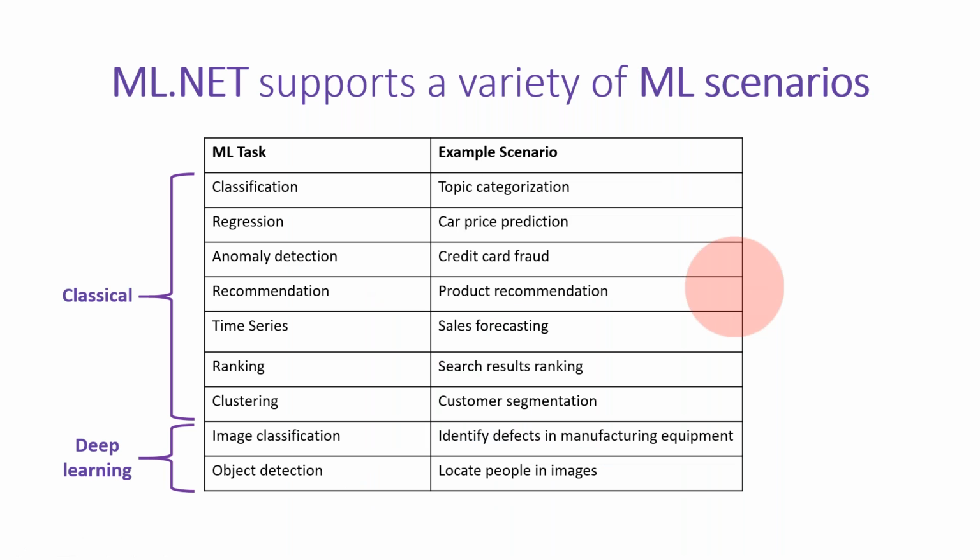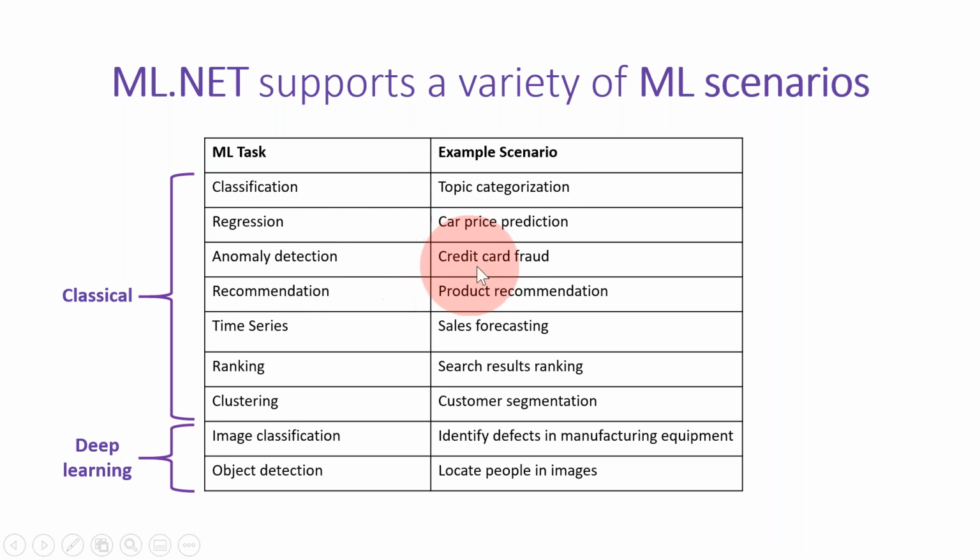Some of the scenarios that are supported here on the left side, classical, we have things like classification. These are the tasks on the left, and then the example scenarios are like use cases. So classification could be used for topic categorization. Regression could be used to predict the car price.